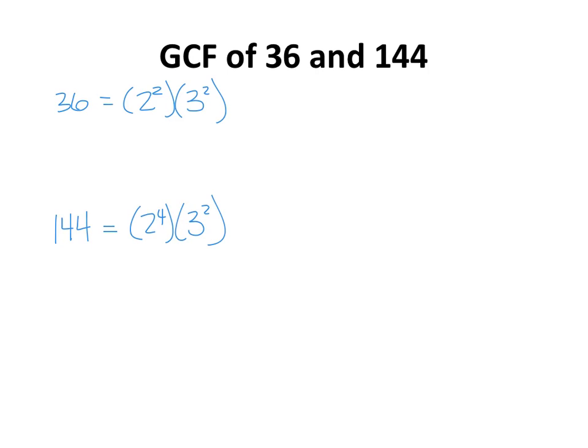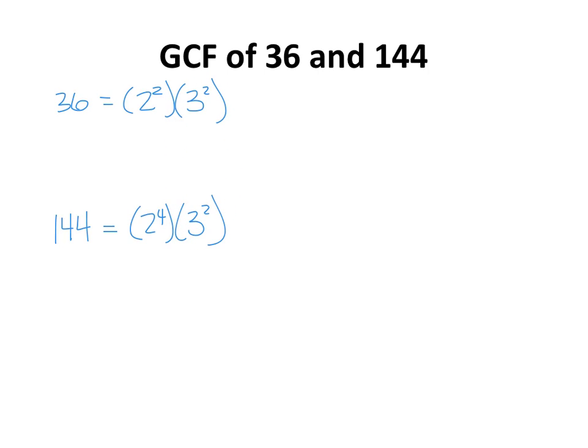In this next example, we're going to use prime factorization to find the GCF of 36 and 144. This will be a good time to hit pause and find your prime factorizations. So double check that you agree the prime factorization of 36 is 2 squared multiplied by 3 squared, and our prime factorization of 144 is 2 to the power of 4 multiplied by 3 squared. Notice that each of these involves a 3 squared.